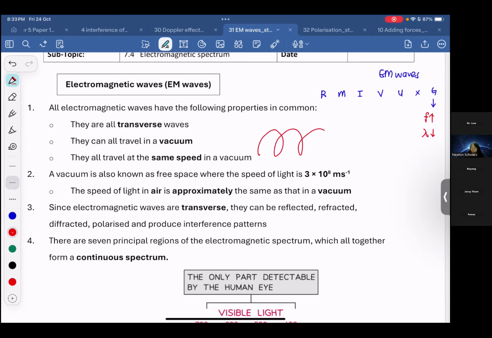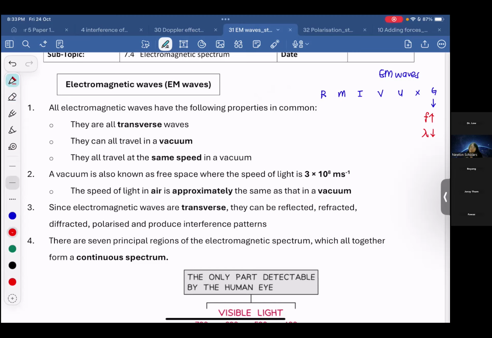Wavelength is something like this. For example, wavelength is from here, the wave front, from here to here is called the wavelength. But Ramly wants the girlfriend's wavelength to be short. Slim one, wavelength short. That's why they quarrel.